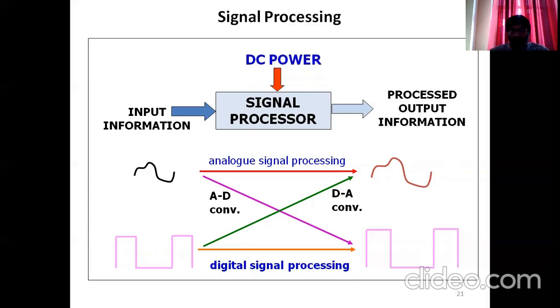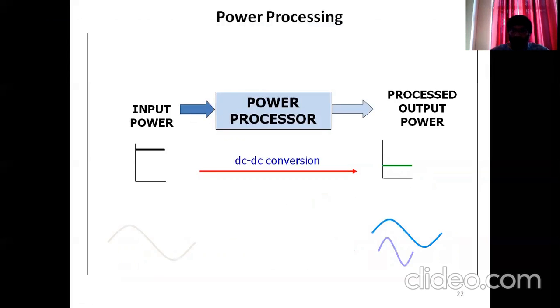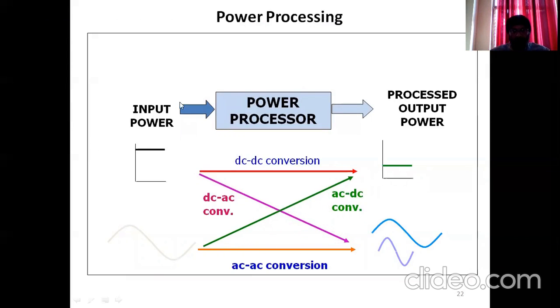But in power electronics, as we have seen in definitions, they were talking about power processing. This is power processing based on the definitions. This is input power, so it can be any value.